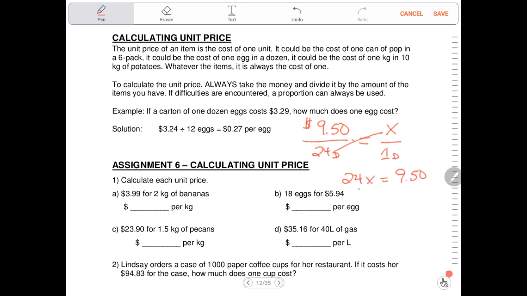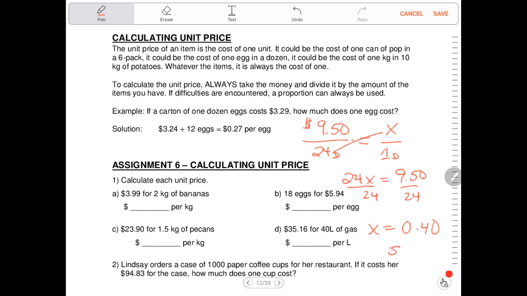I think by now you realize the pattern. You divide by the number in front of the x every time, and that will give you a value. So 9.50 divided by 24 gives you, I'll round, 0.4. Now do not just leave your answer there, because that's not what the question wants. They want to know the price for one unit.